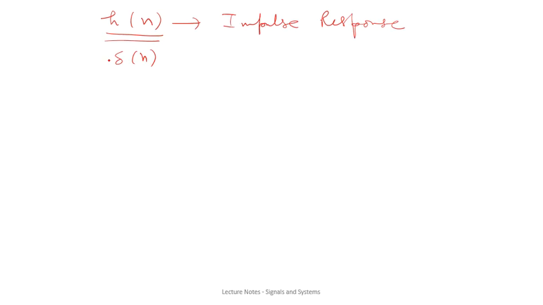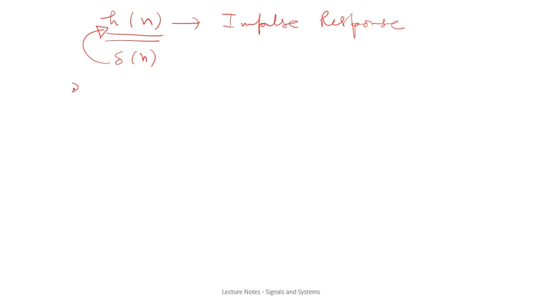So you know that this h(n) is the impulse response, and this is actually the response due to the impulse input delta(n). So if this is the input, then this will be the response, and it is called the impulse response.